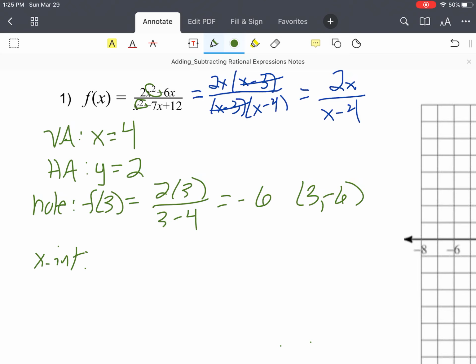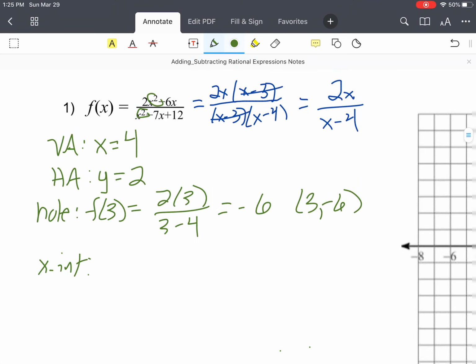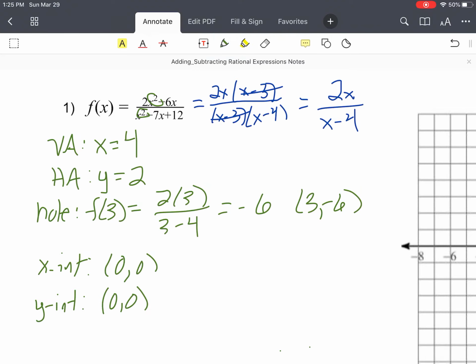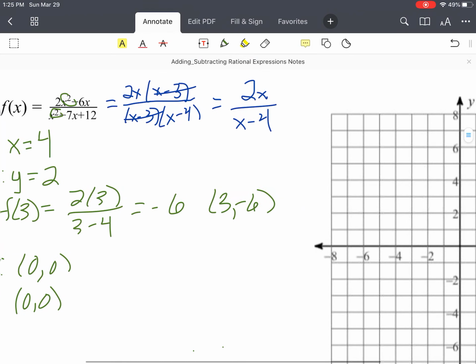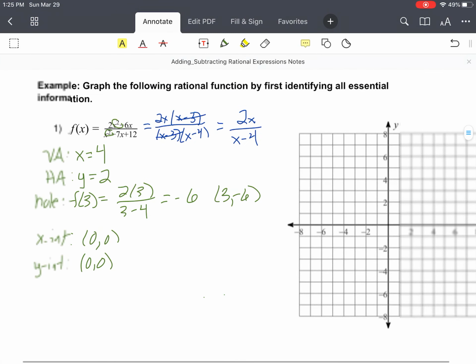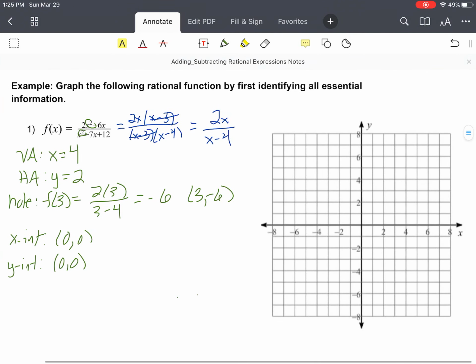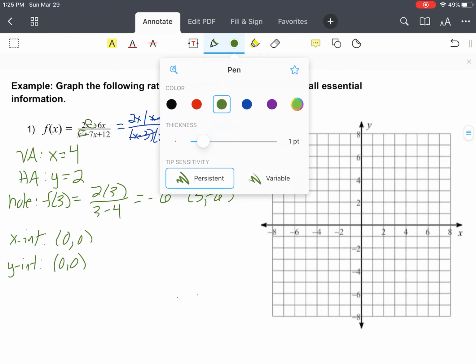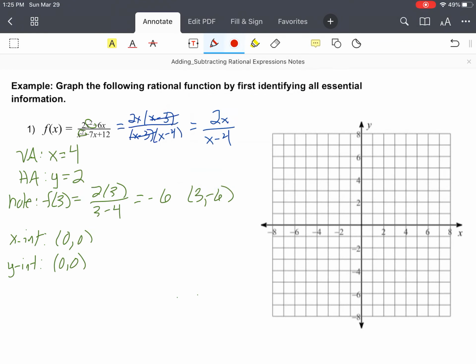X-intercept is going to be whatever makes the top 0. That looks like it's going to happen at 0, 0. Which means we also have a y-intercept of 0, 0. Okay. So let's put all this on a graph. Let's go back over here. We are going to have a vertical asymptote at x equals 4.